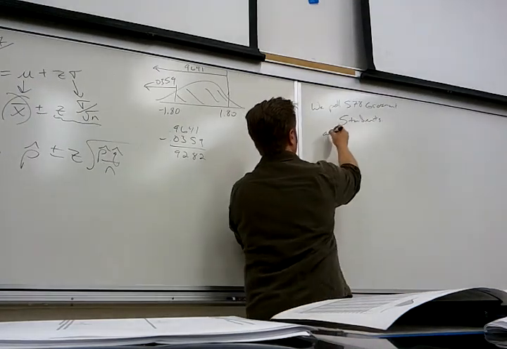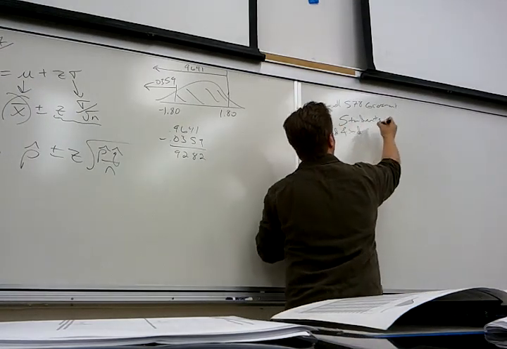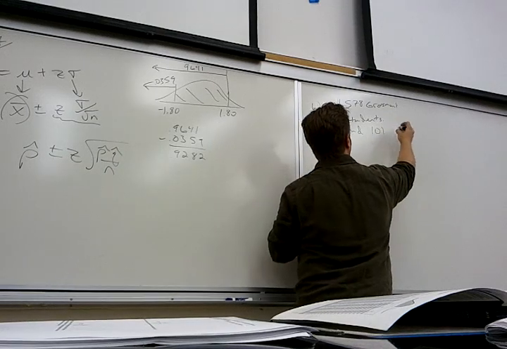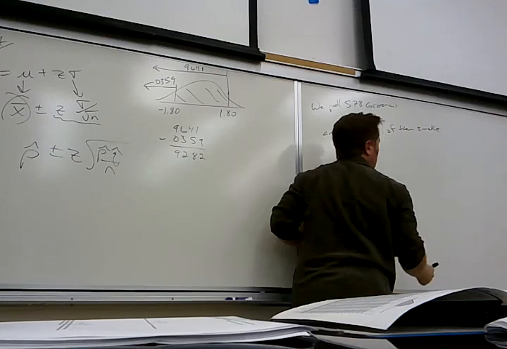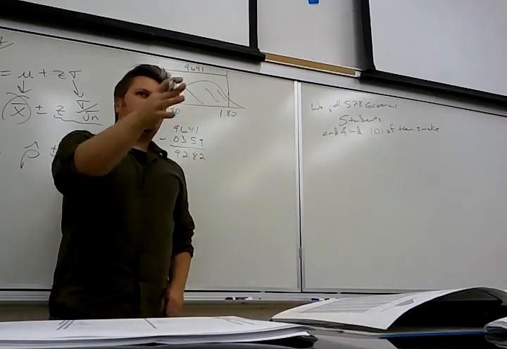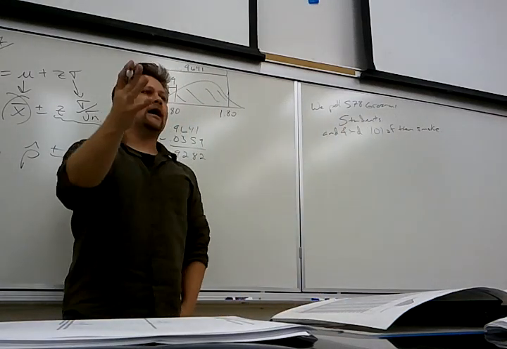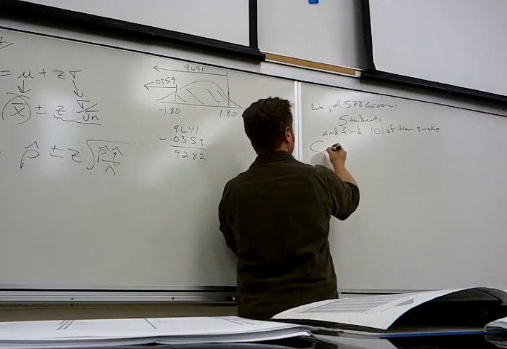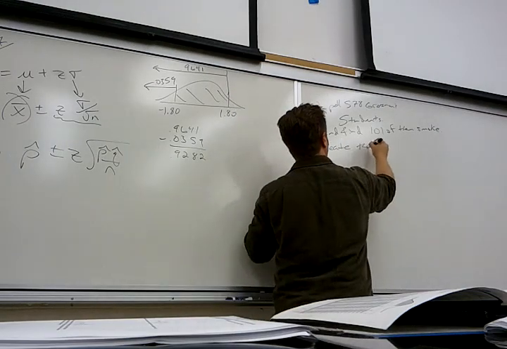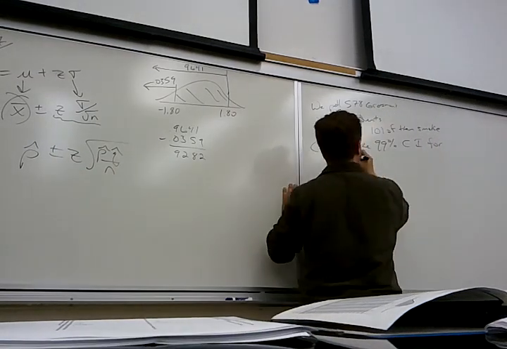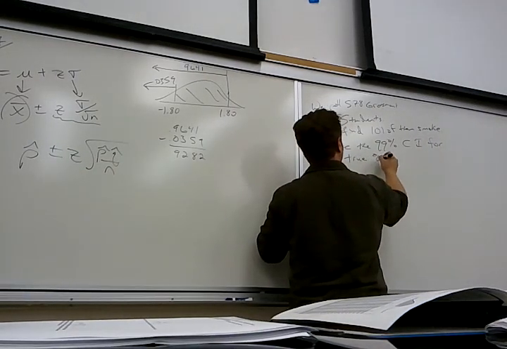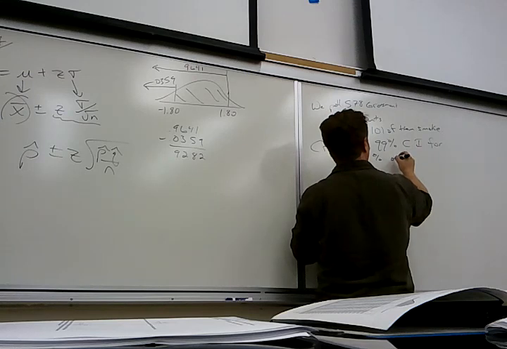And find, I don't know, 101 of them smoke. I want to create a 99% confidence interval for the true percentage of students who smoke.